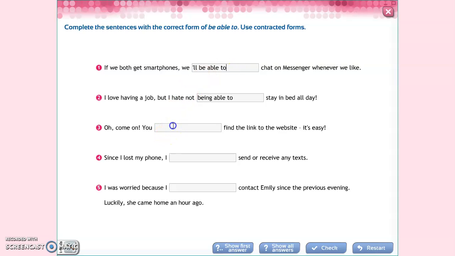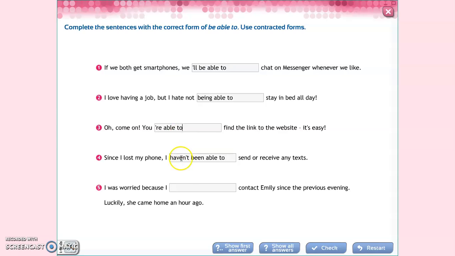Number 3. Oh, come on. You are able to find the link on the website. It's easy. Number 4. Since I lost my phone, I haven't been able to send, I'm forgetting the particle to, send or receive any text.